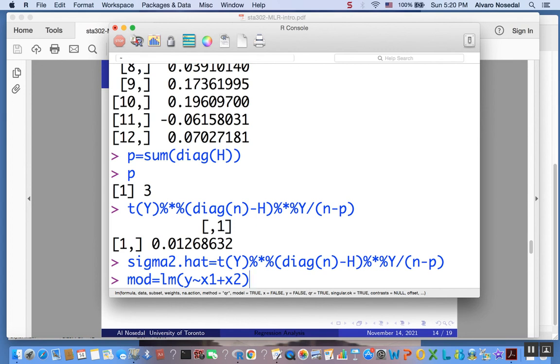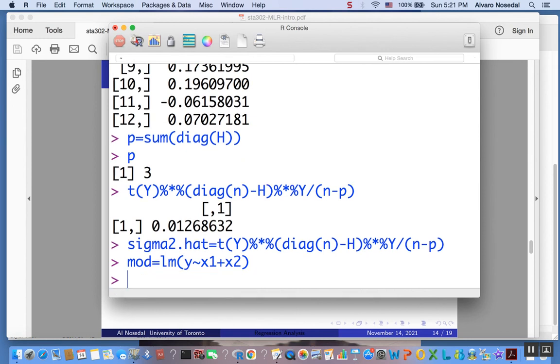Note that when you use these built-in functions like lm, there's no need to create that vector of ones. It's already there.